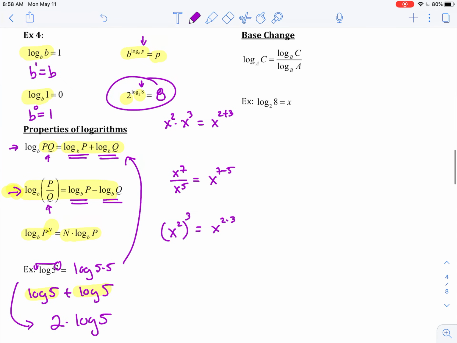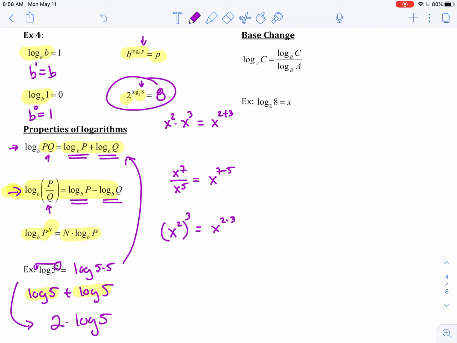And lastly, base changes. Most popular common bases are base 10 and base e. We've seen that we've been working with lots of different bases, and sometimes we may prefer to work with one base over another, or we may want to switch something to base 10 or to base e. So we can do a base change.